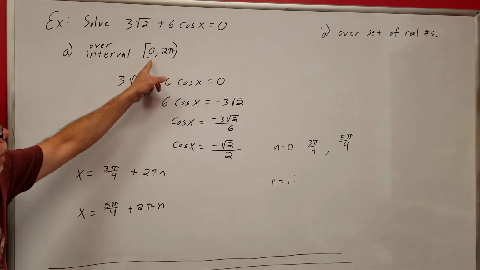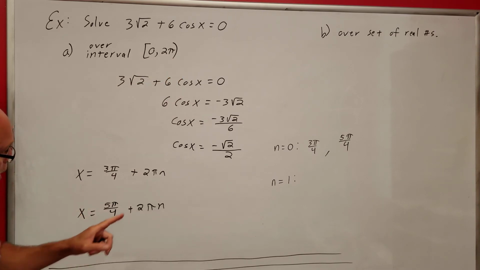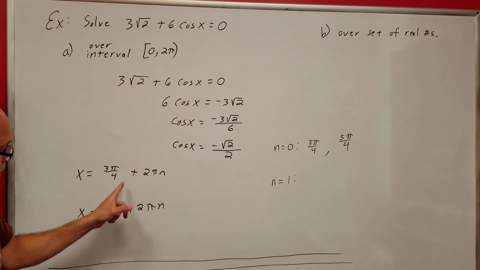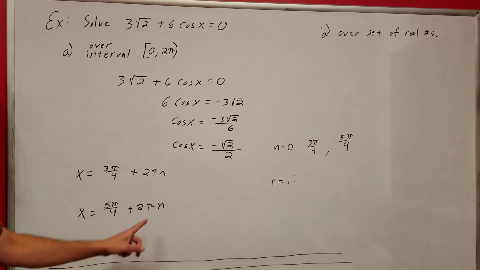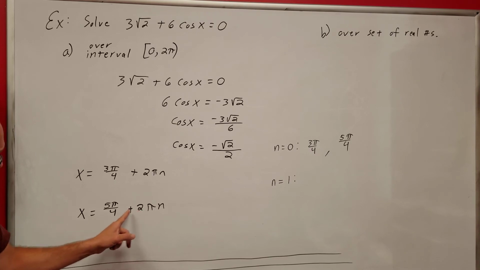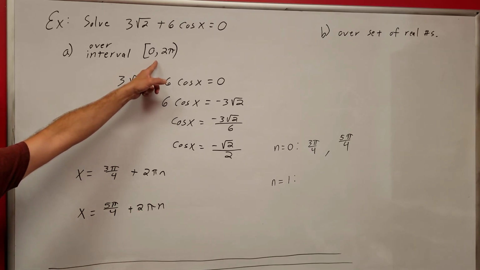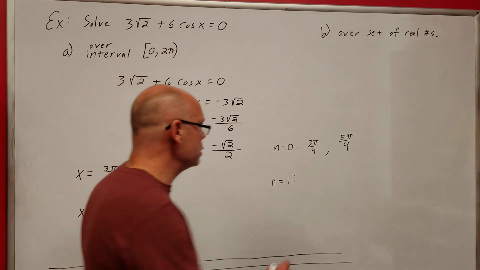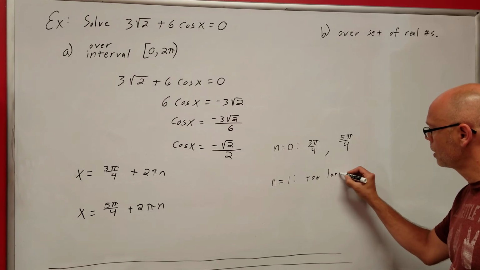If I only go from 0 to 2 pi, if I start out with 3 pi over 4 and add 2 pi to it, that's too large. Same thing here, right? If n is 1, then I'm going to add 2 pi to 5 pi over 4. Well, that gets me way outside of this interval right here. So I'm going to put too large here.